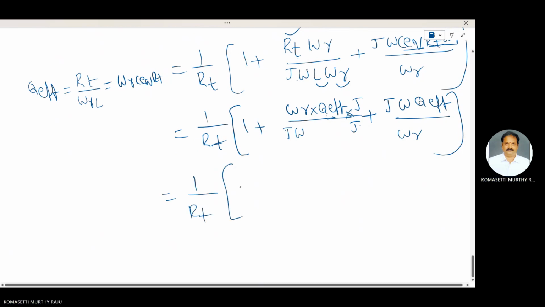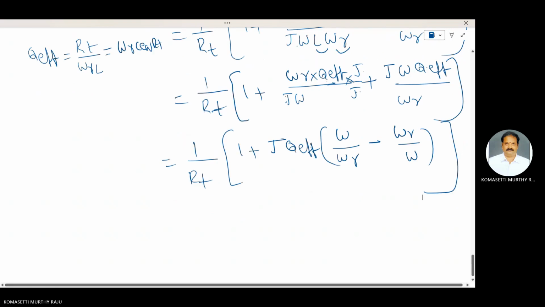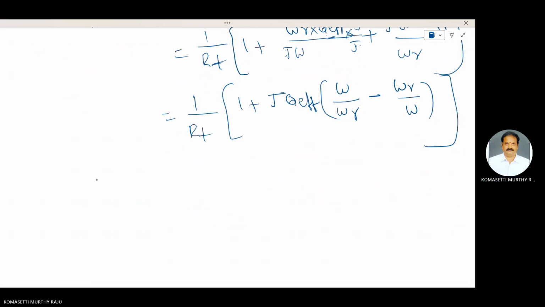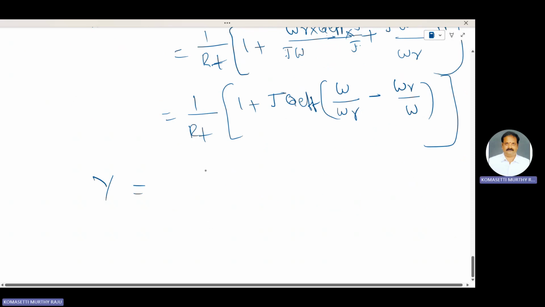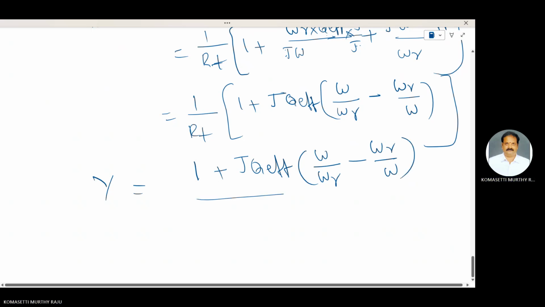That is 1 by RT into 1 plus j Q effective, ω by ωR, and here the minus sign is because j into j squared is minus, ωR by ω. Finally, Y is equal to 1 plus jQ effective (ω by ωR minus ωR by ω) by RT.